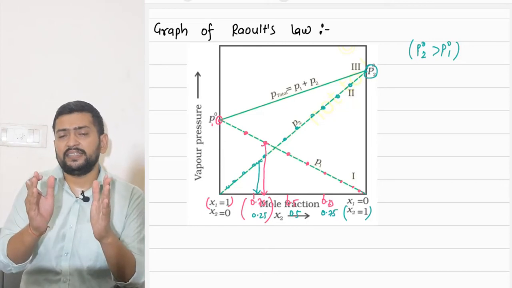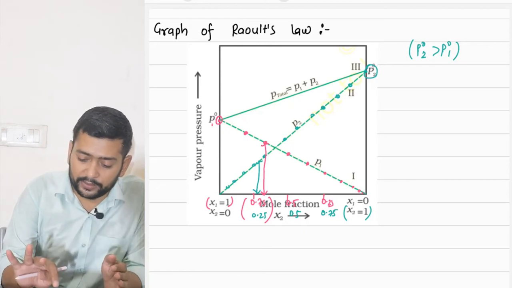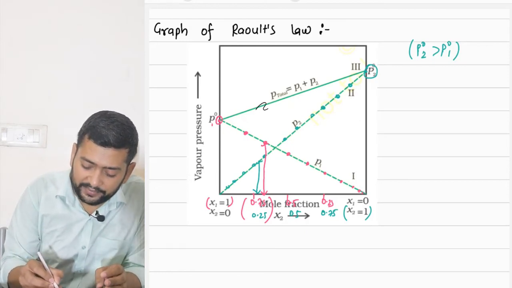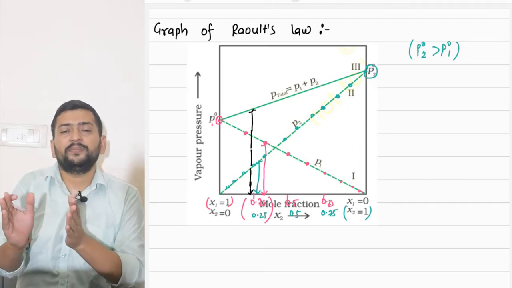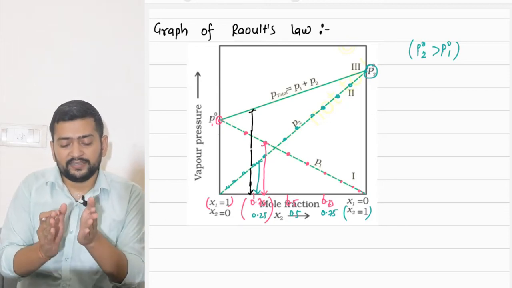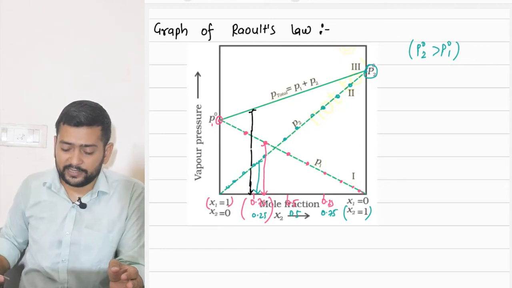If I add this green and pink color line, I am going to get this black color line, which is nothing but the sum of these two. They would overlap, so that is the reason why I am drawing them far away from each other.